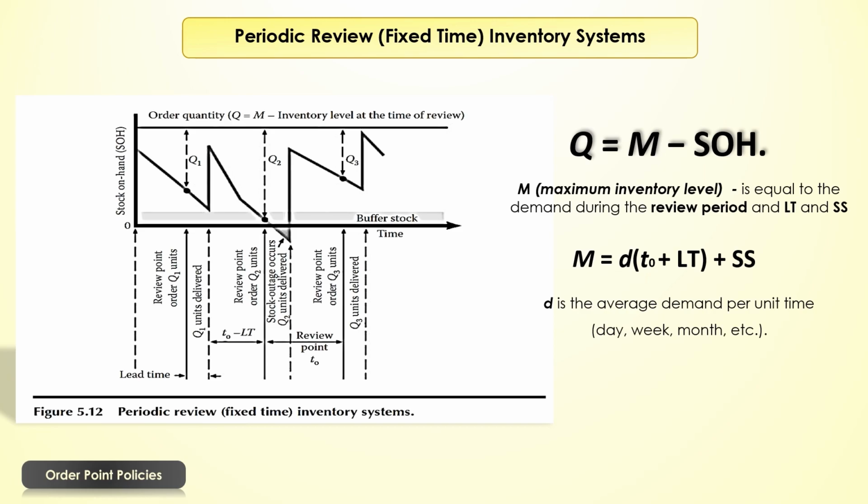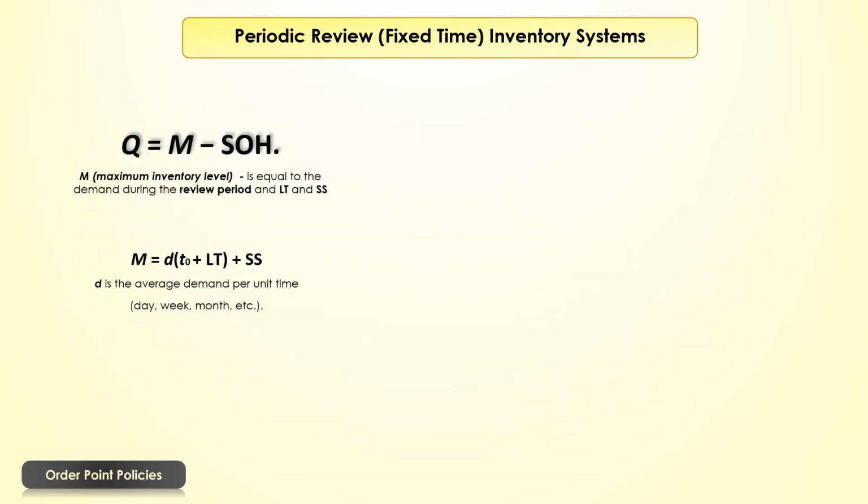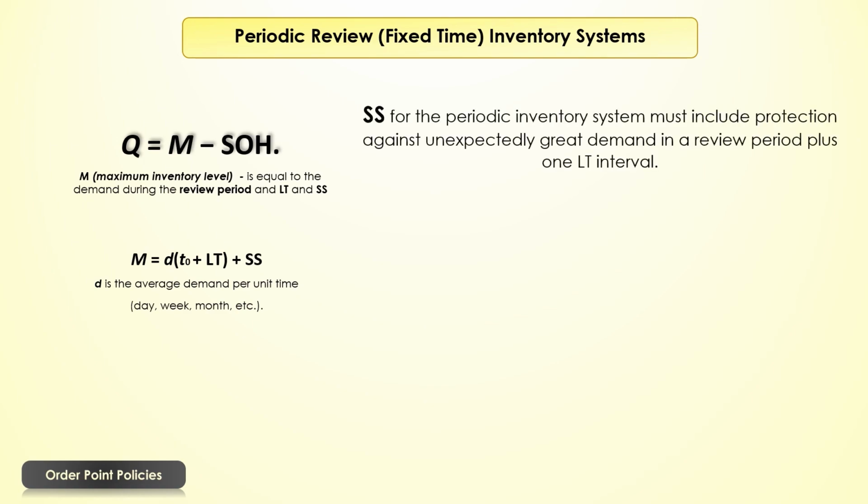Now for the safety stock or safety buffer of the periodic inventory system, this must include protection against unexpectedly great demand in a review period plus one lead time interval. So the safety stock is given by Z times S of the review interval plus the lead time.